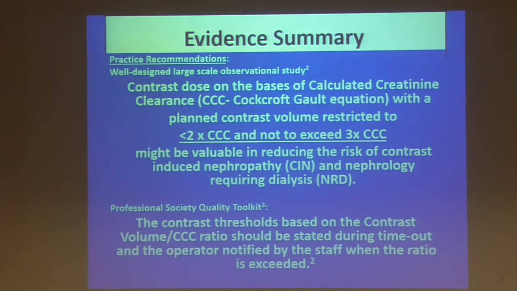The contrast dose on the basis of calculated creatinine clearance using the Cockcroft-Gault equation, with a planned contrast restricted to less than 2 times the calculated creatinine clearance and not to exceed 3 times the creatinine clearance, might be valuable in reducing the risk of CIN and nephropathy requiring dialysis. And the contrast thresholds based on that ratio should be stated during a timeout and the operator notified by the staff when the ratio is approached or exceeded.